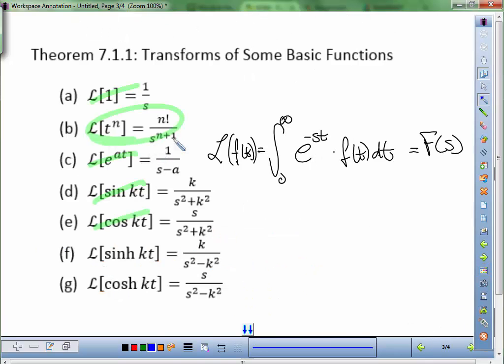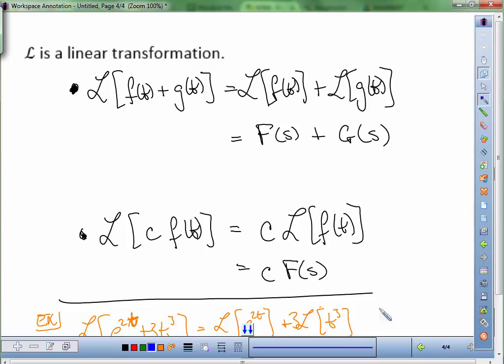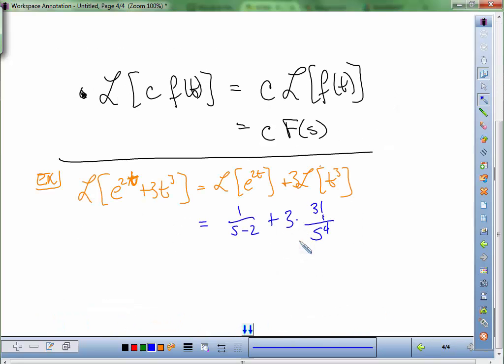Not that I don't trust you. So you can keep it like this, or you can rewrite it: 3 times 3 factorial. Okay?